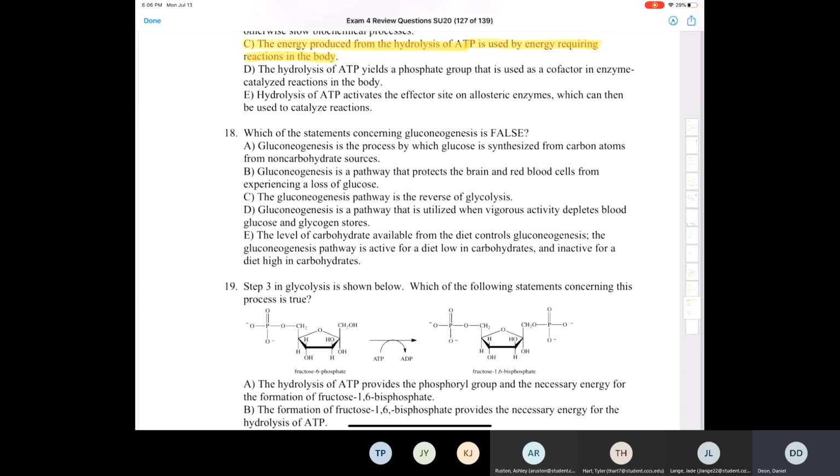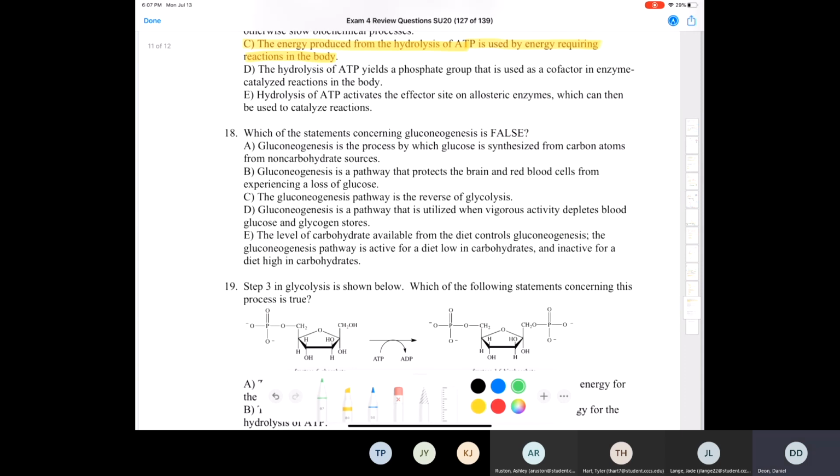So gluconeogenesis is making glucose from non-carbohydrate starting materials. Anyhow, so the definition of gluconeogenesis is actually A. This is true. Gluconeogenesis is the process by which glucose is synthesized from carbon atoms from non-carbohydrate sources, okay?